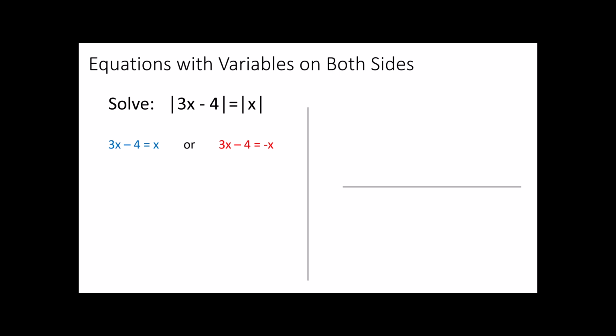Once you have split your equation into two separate equations, you're going to solve each of those equations just like you always have. That means for the equation over here on the left in blue, we're going to work to get both our variables on the same side. And we're going to do the same thing over here in red. Notice that this is a positive or plus 3. The way we undo addition is with subtraction. And over here, same thing. It's positive.